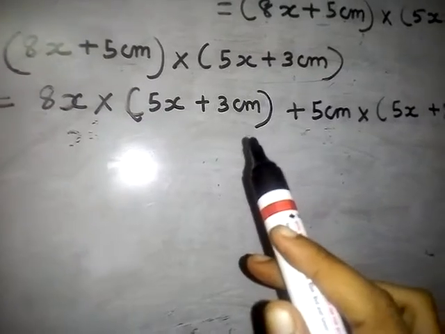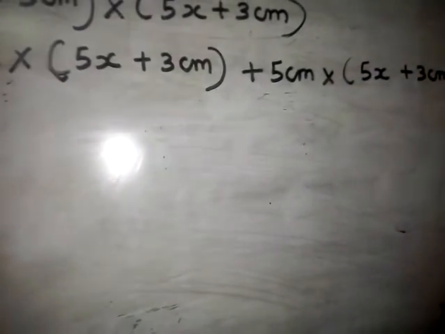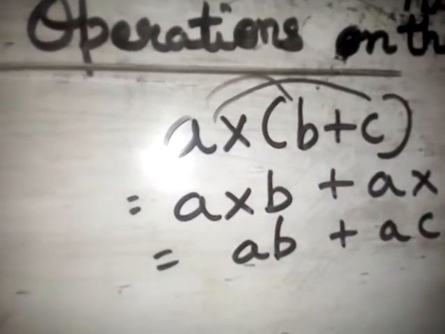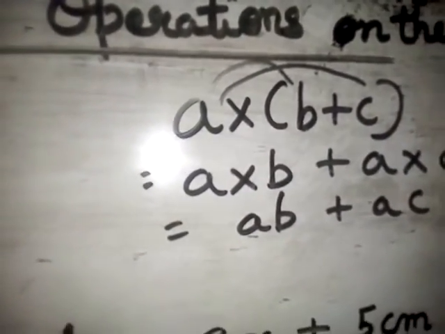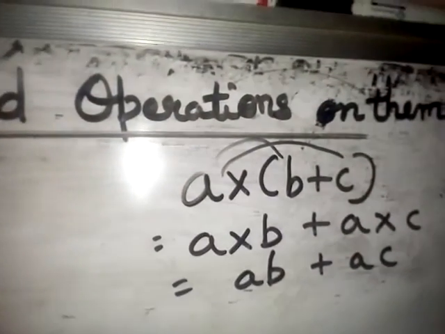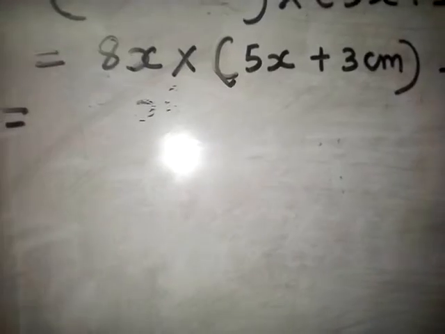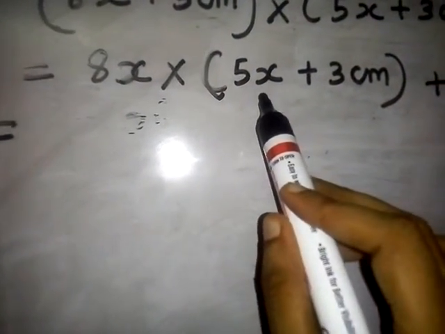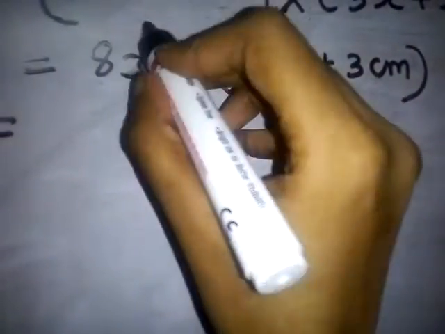And now you have to solve. You have to use A into B plus C formula two times. A into B plus C formula. This is A and bracket one. This is B and this is C. Put the arrow mark and write in multiplication form.